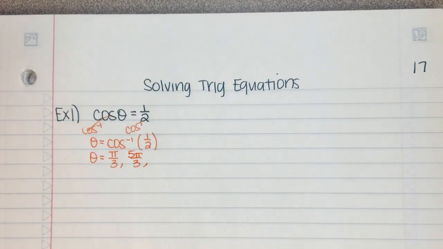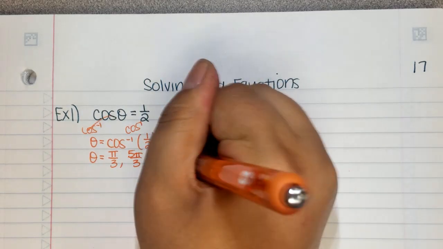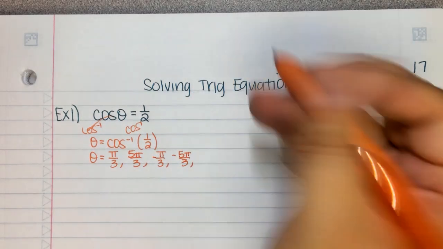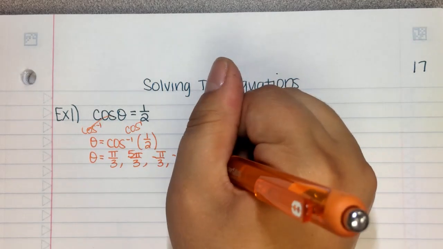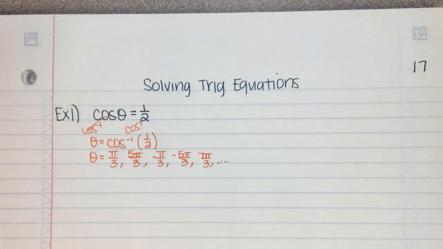Where else? Do y'all agree cosine's even? Negative pi over 3. And negative 5 pi over 3. And I could actually keep going around my circle. So I could say 7 pi over 3. And I could just keep going. Do y'all agree?